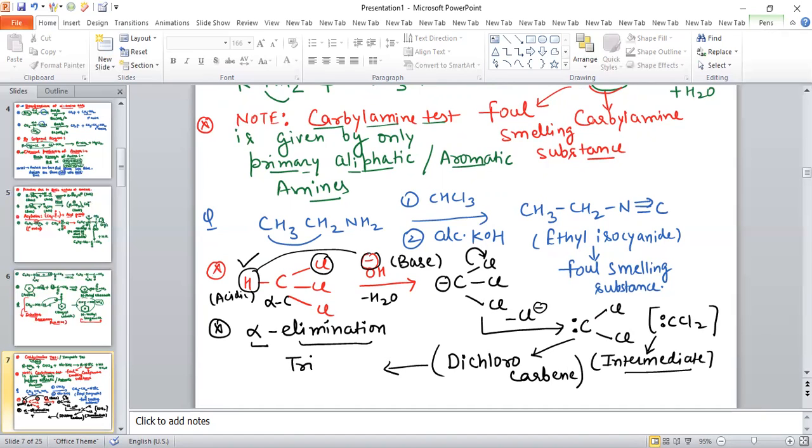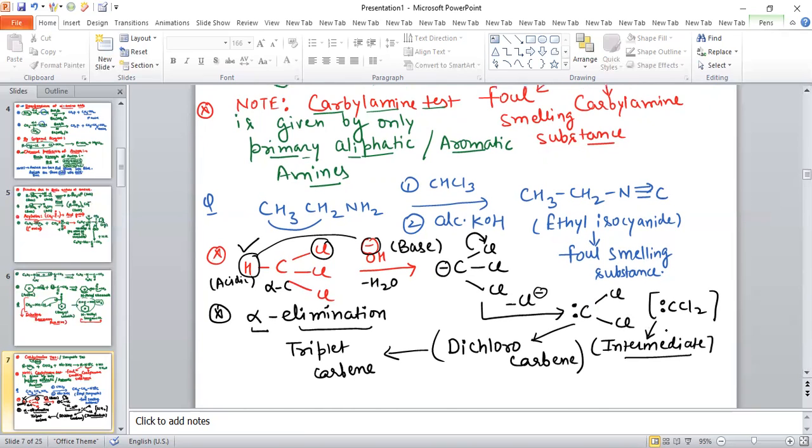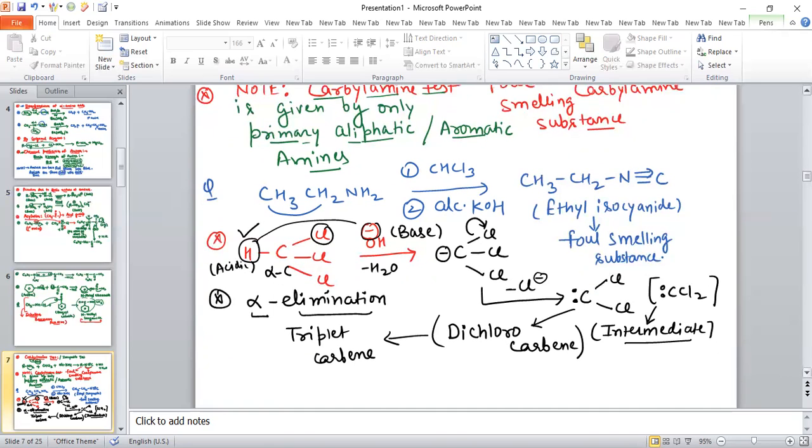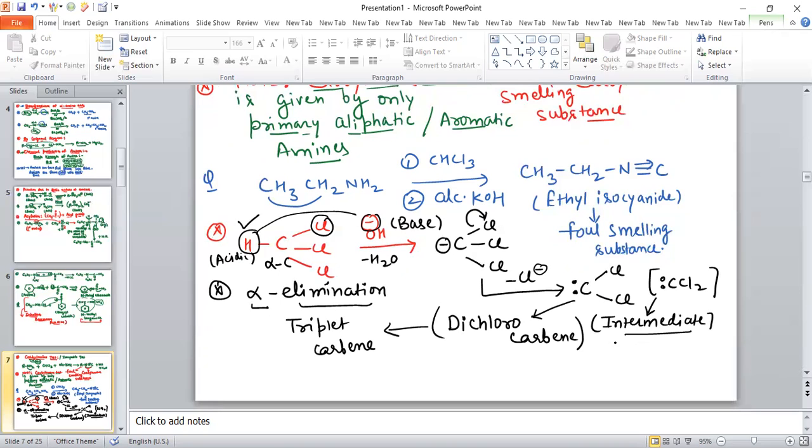It is basically a type of triplet carbene. All the information related to this has been given. Which elimination takes place? Alpha elimination. And what intermediate is obtained? CCl2.